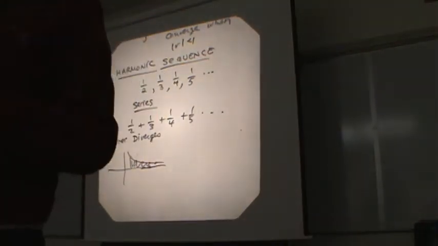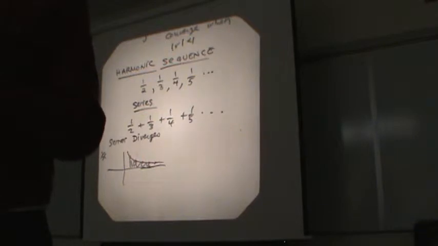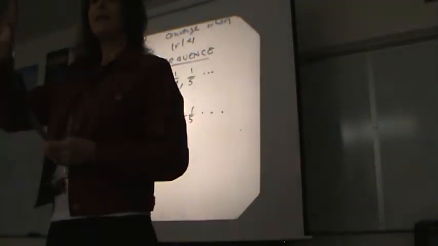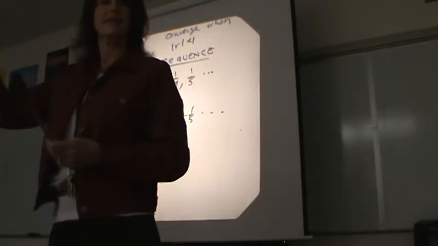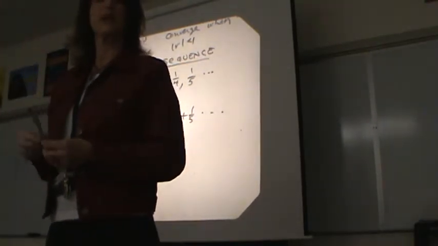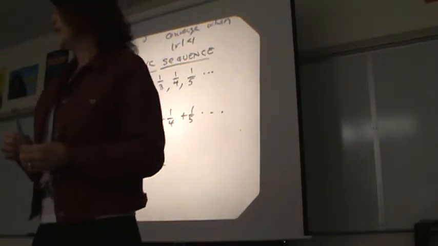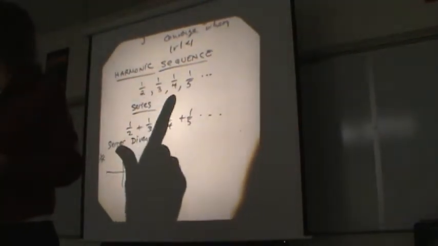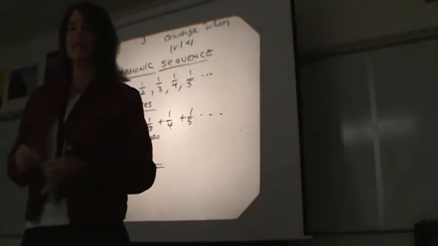Another variation is having a constant in the numerator, like 3 halves, 3, just any constant multiplier would work too. So the basic deal is if the denominator is an arithmetic sequence.